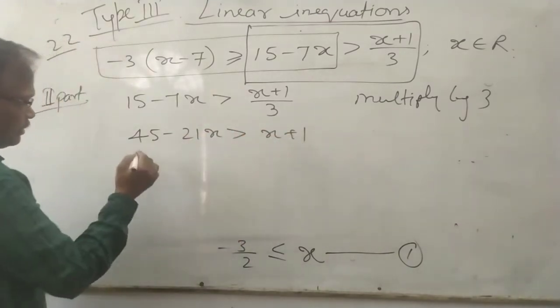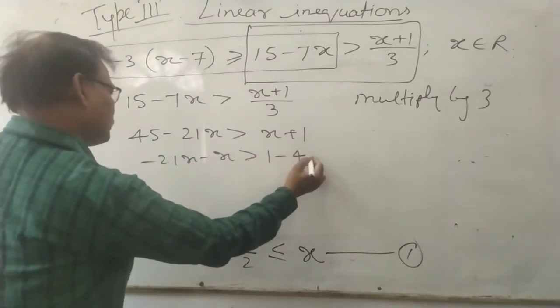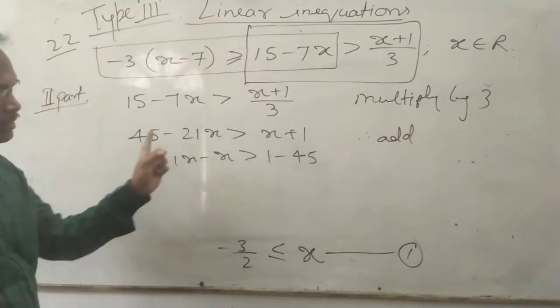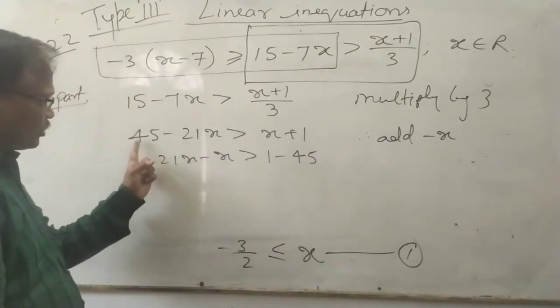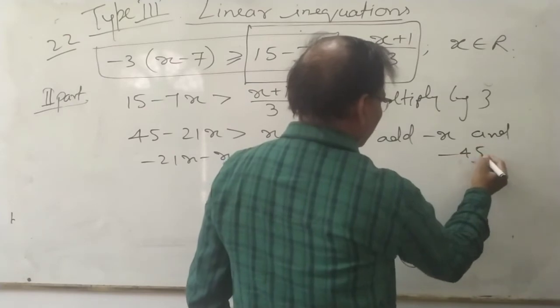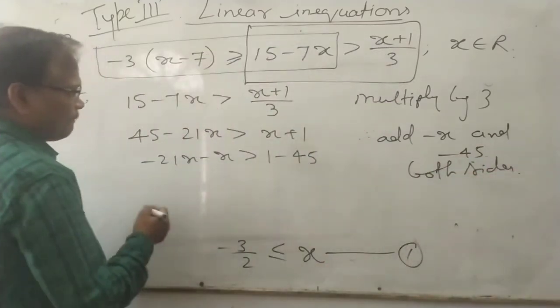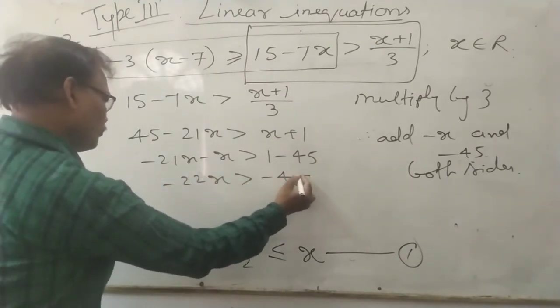Then take x here and 1 minus 45. So how to take this x here? By adding minus x, and 45 is there, so minus 45, both sides. So minus 22x and minus 44.